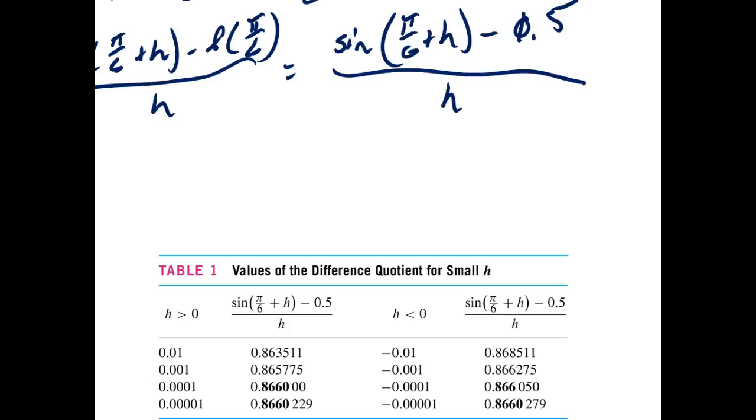This time it's going to be open parentheses, sine of pi divided by 6 minus 0.01, close parentheses, minus 0.5, close parentheses, divided by h. And you'll notice you get a number a little bit greater than these have been. In fact, that would be about 0.87.